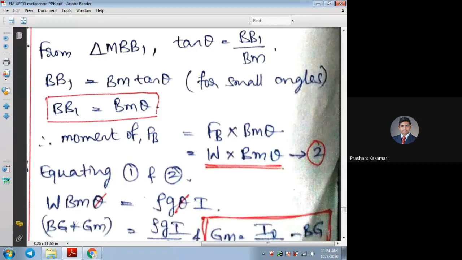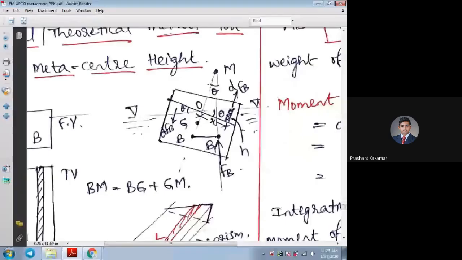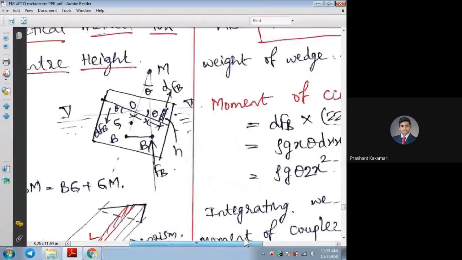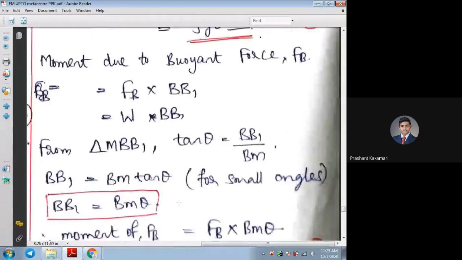BM I can write as the sum of GM plus BG as per the given sketch. That is, BG plus GM gives the metacentric radius BM. So that is written here.